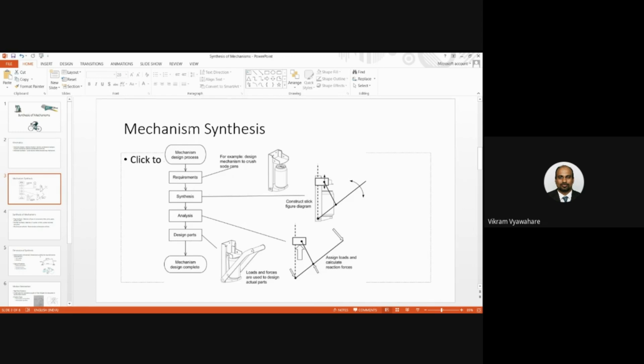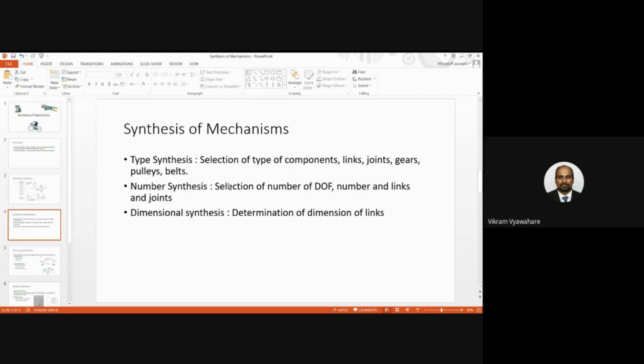Here, just to give you the idea of where the synthesis fits in. In the initial stage, after you have gathered the requirements, you will do the synthesis. The first thing to do would be type synthesis. Type synthesis is about what kind of components are there: links, joints, gears, pulleys, belts.